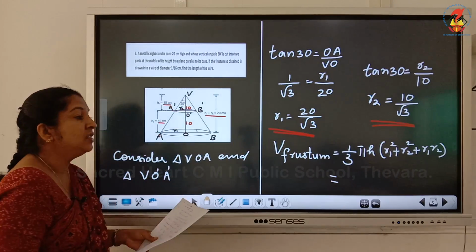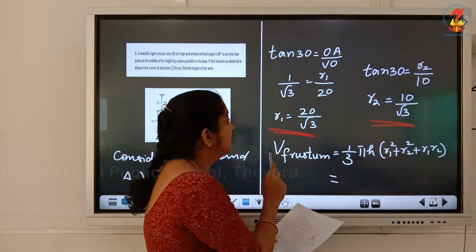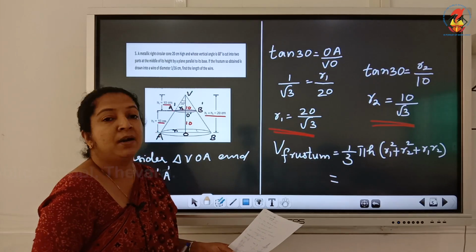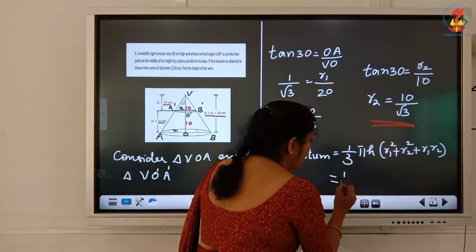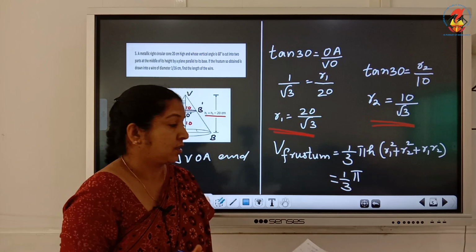So we have to find the volume of the frustum. We got R1 as 20 by root 3 and R2 as 10 by root 3. So we have to substitute the value 1 by 3. We are not using the value of pi here because we can cancel it.